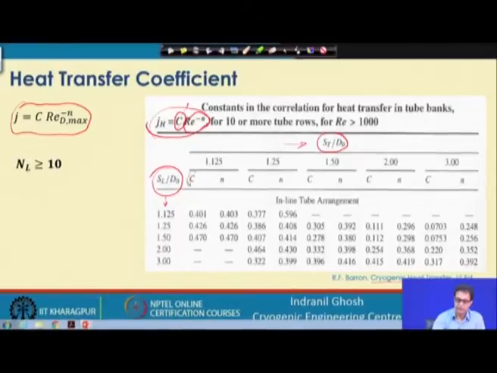So, we have C and n for each configuration. This is valid for number of rows more than 10.